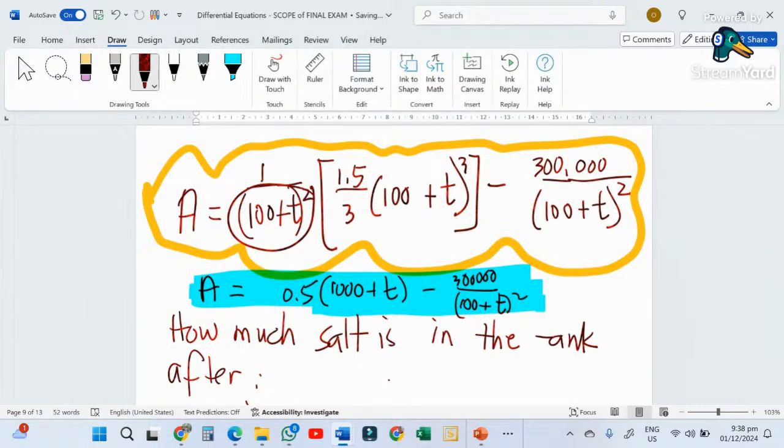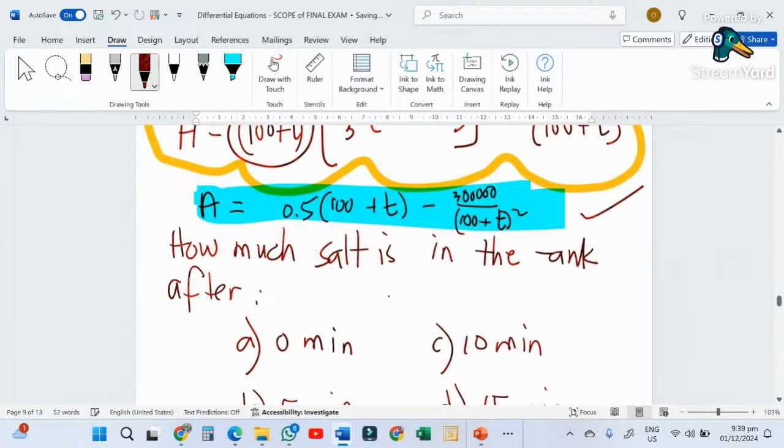I also made a mistake here in writing, too many zeros. And 1.5 over 3 is 0.5, (100 plus t) raised to the first power, and then minus 300,000 over (100 plus t) squared. So this will be our working particular solution.